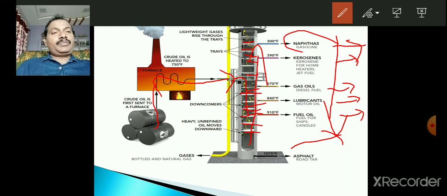This naphtha is the output product from the oil and natural gas industry. This naphtha is used as a prime essential feedstock to the petrochemical plant. And the heavy fluid content is moving down, unrefined oil moves down, and gases are moving up.